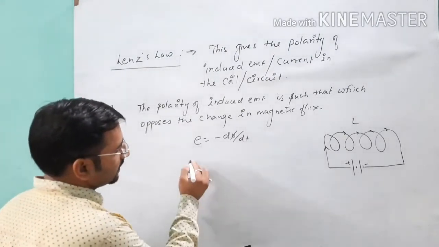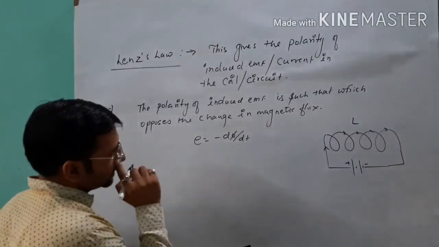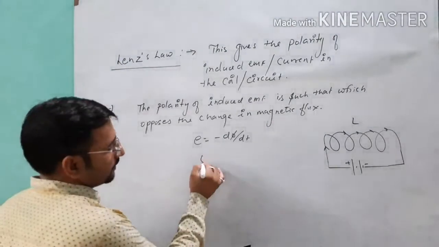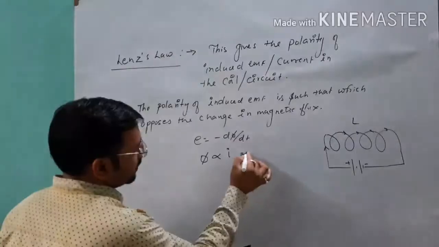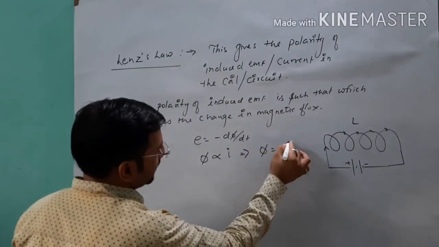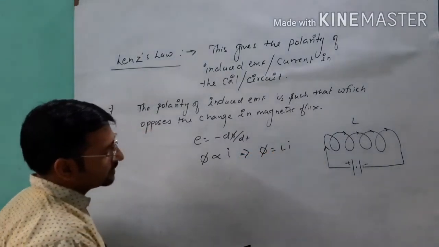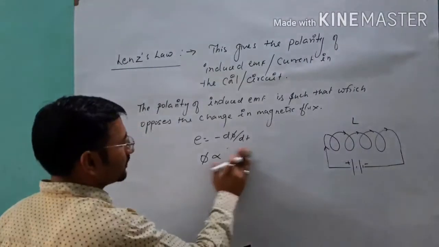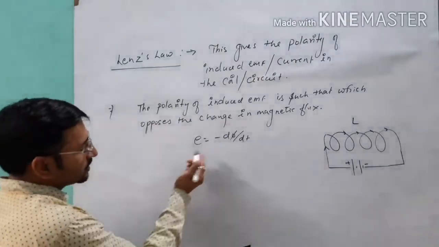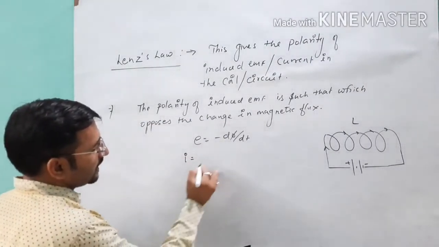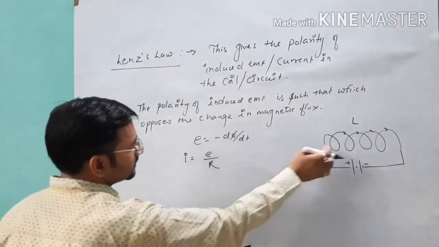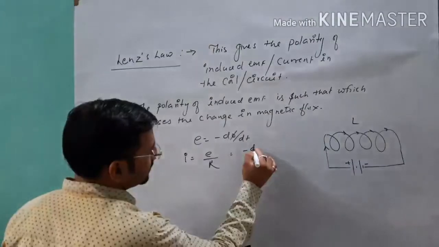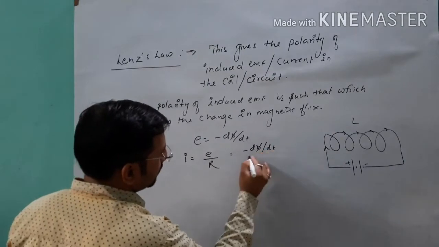This condition comes in the case of self induction, where phi is proportional to I and phi equals L I by the formula of self induction. We will discuss this point later on. If we want to write the induced current I, which is E over R, where R is the resistance of this inductor, the formula will be minus d phi over dt divided by R.